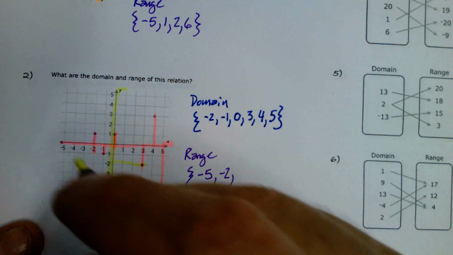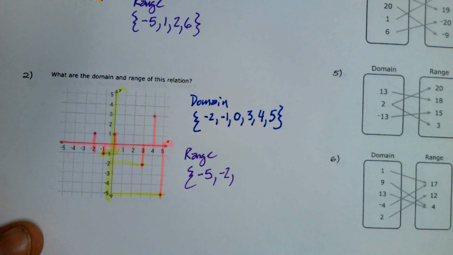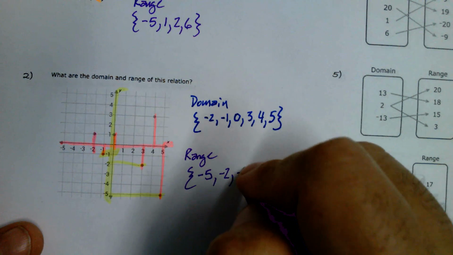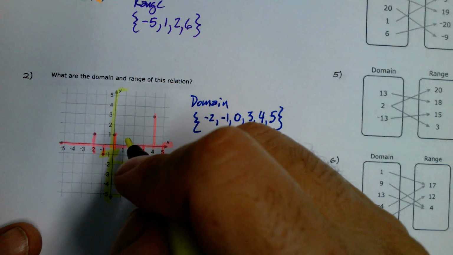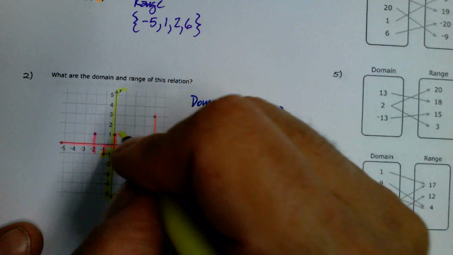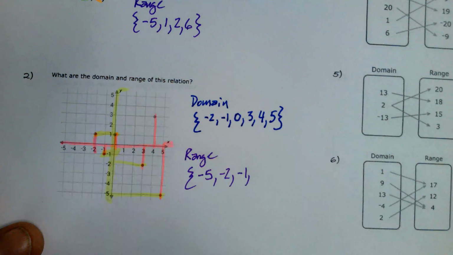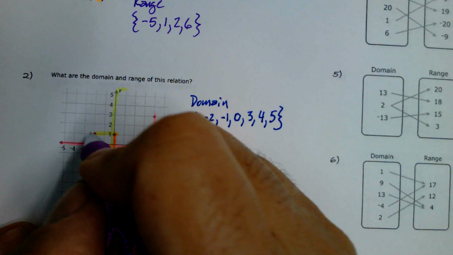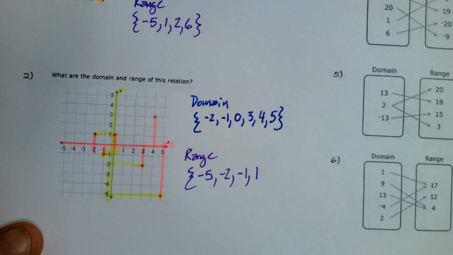What else do we have? -1 right there. One. There's 2 of them at 1, but we only list it once, remember? So even though there's 2 points, 2 dots, we only list it once.